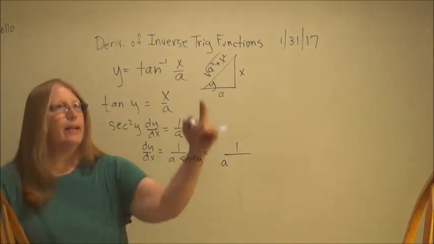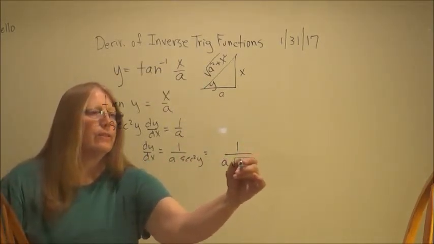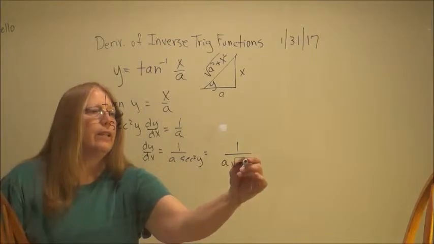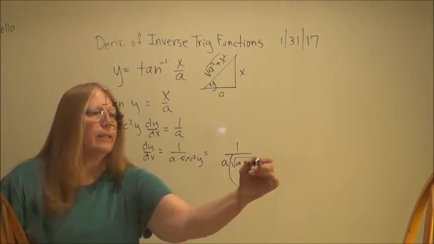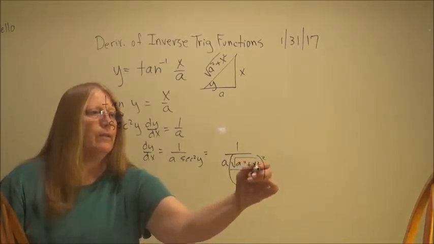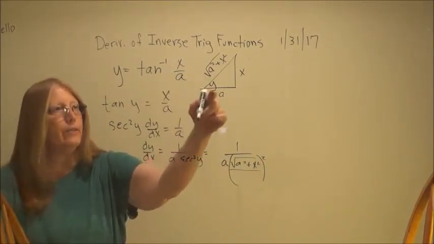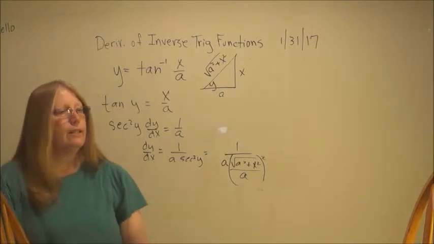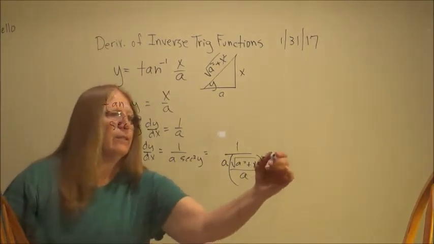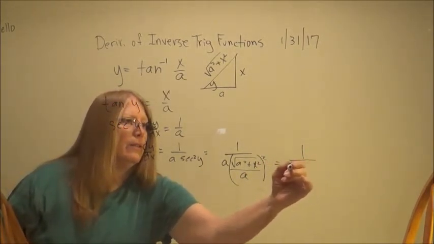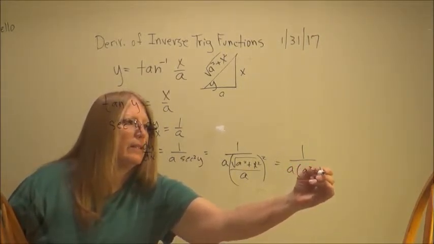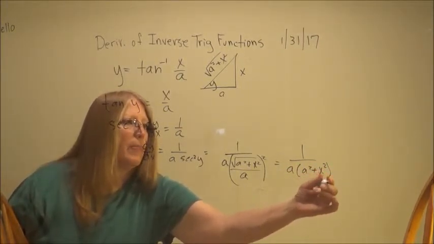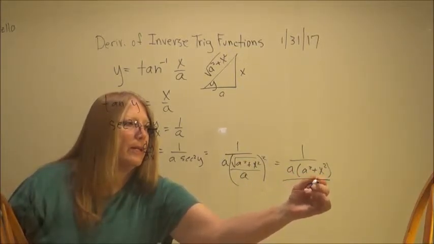Secant is hypotenuse, the square root of a squared plus x squared, over adjacent, and this is squared. So what does that simplify to? 1 over a, and then the square root disappears because I've squared it, and this a is squared.